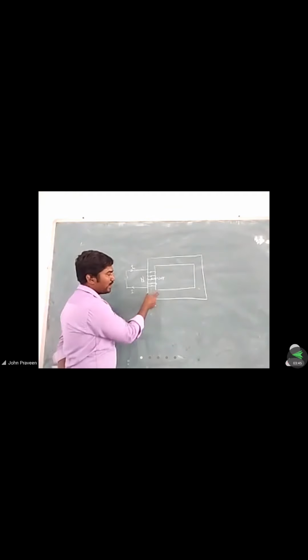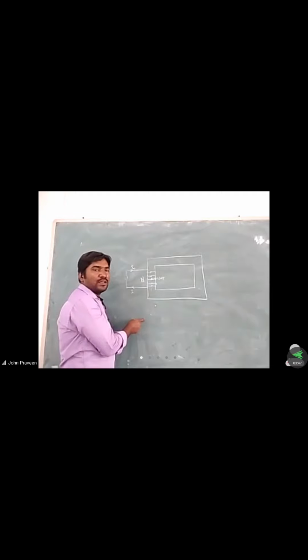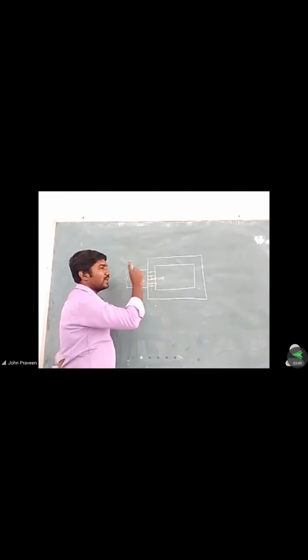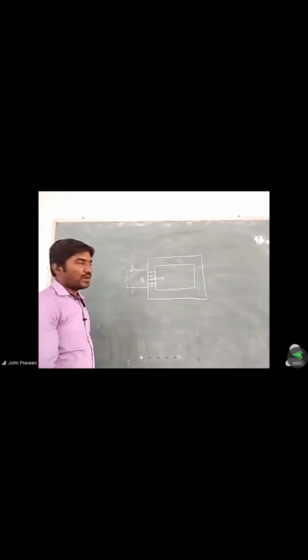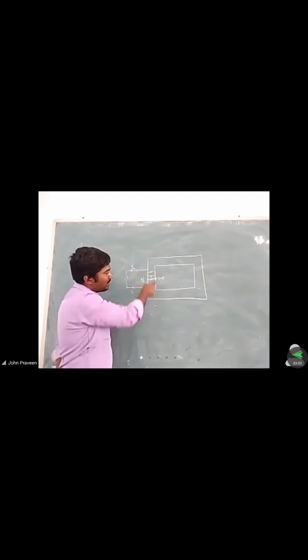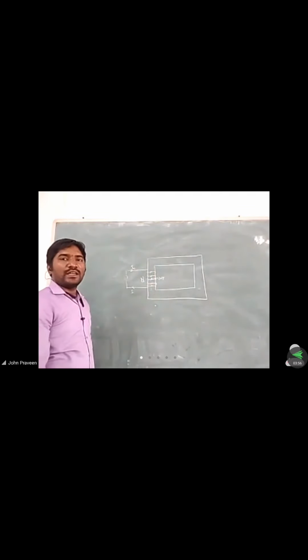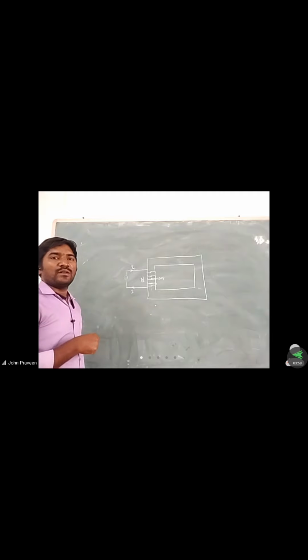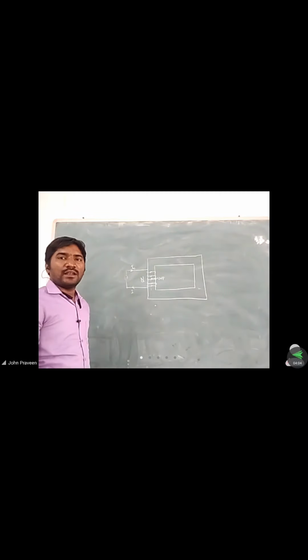If there is no core material placed, the magnetic field will be set up in the air gap, that is, in whatever free space is available inside the winding. But when we place a core material, which is a magnetic material, the flux will be linked and flow through the magnetic material.